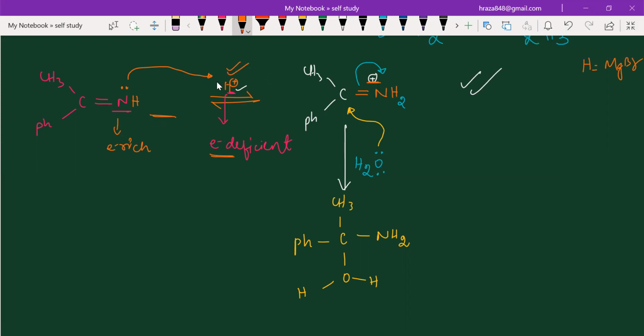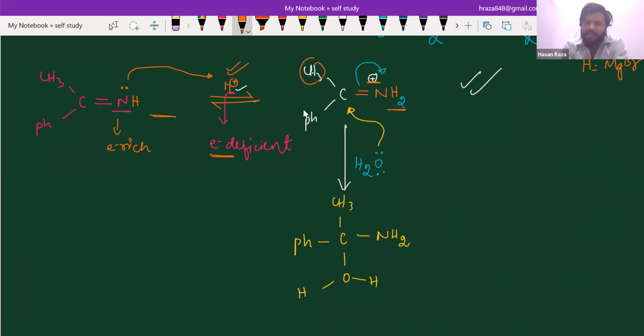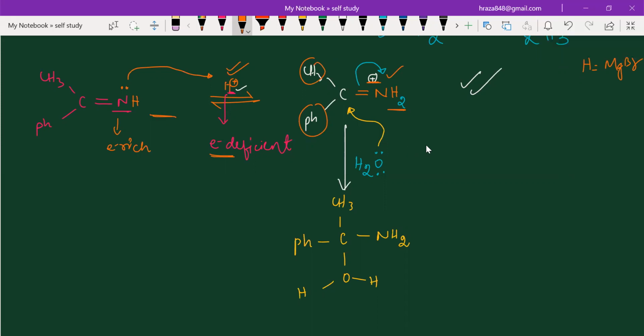It bonds with hydrogen and now becomes NH2. The rest does not change: CH3 as it is, pH as it is, C double bond N, only a positive charge comes, and there is one more hydrogen because nitrogen bonded with hydrogen, and there will be a positive charge because it donated one of its electrons. Is that clear? Yes, sir.